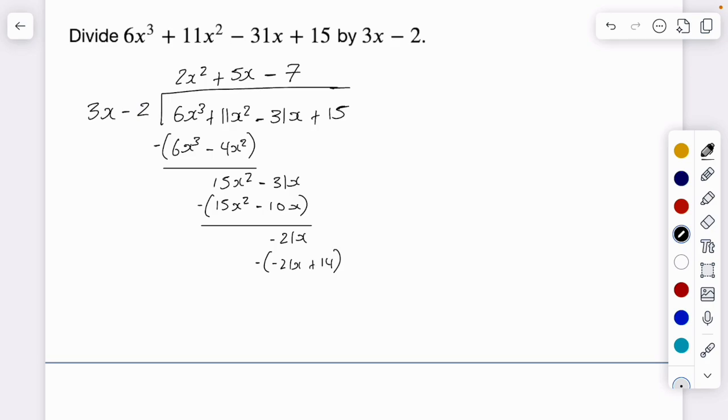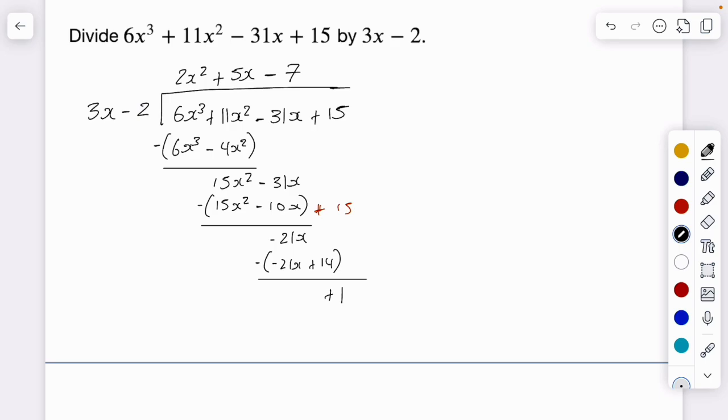And this is where the 15 comes in useful. Negative 21x plus 21x is 0, but we've also got 15 here. And that 15 minus 14 is going to give us plus 1 as our remainder. Now, what does that look like?